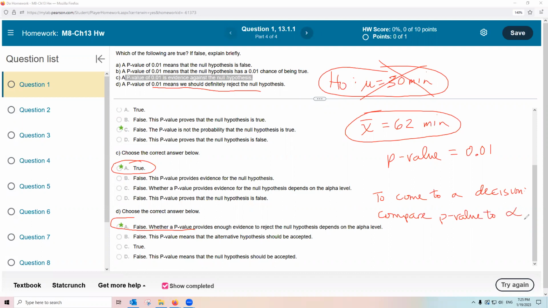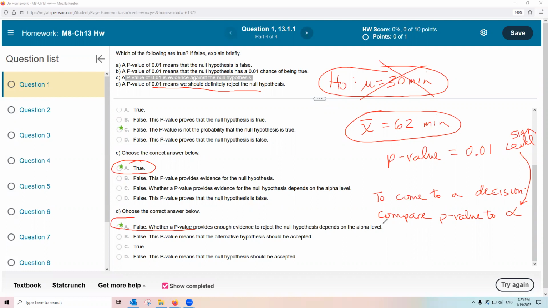Alpha is called the significance level. And that could be different for different tests. So alpha could be 0.08, for example. You can't reject the null hypothesis just based on a p-value alone, unless you also know the value of alpha.